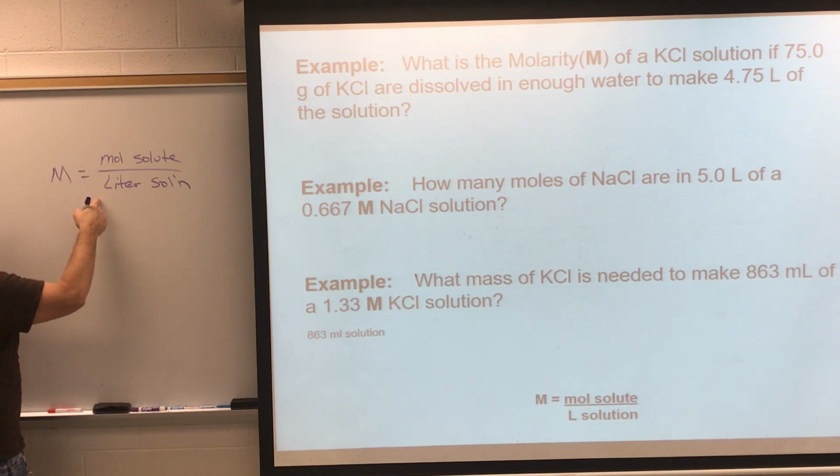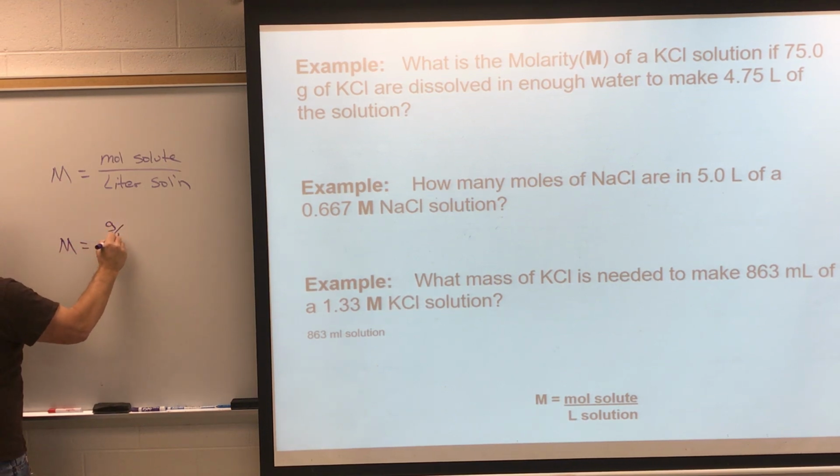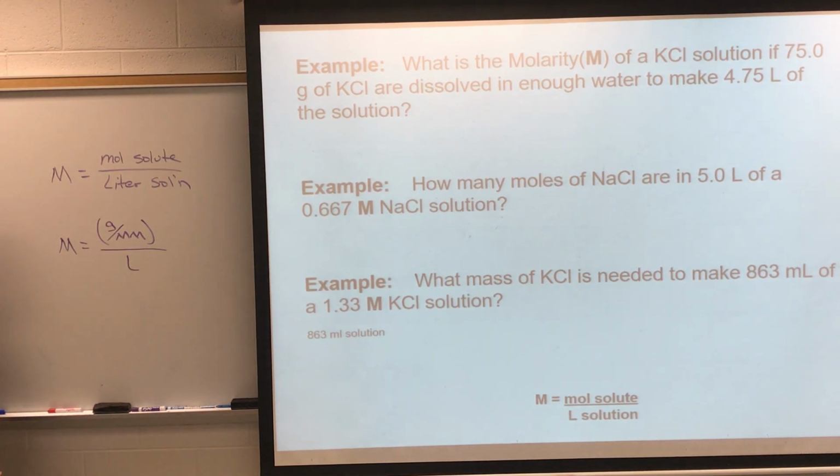But the way we get moles is by taking grams over molar mass. So molarity is grams over molar mass, that's an M, divided by liters. So really, we have 1, 2, 3, 4 different variables. You're always going to be given 3. You're just going to have 4 variables. Given 3, you have to find the 4th one.